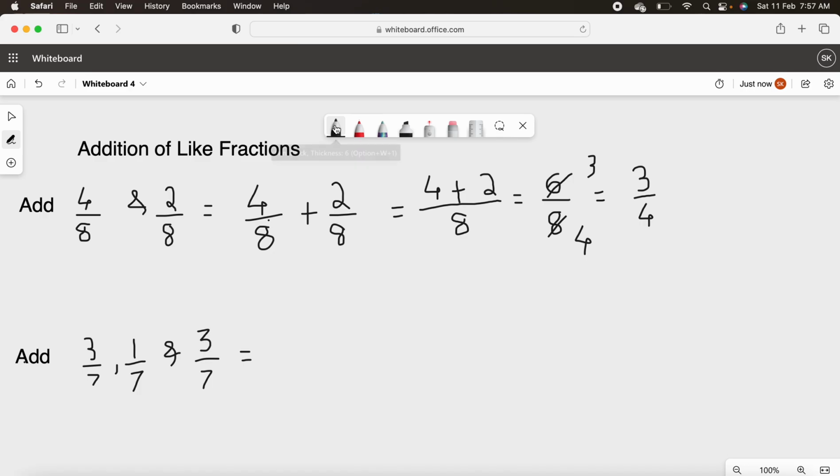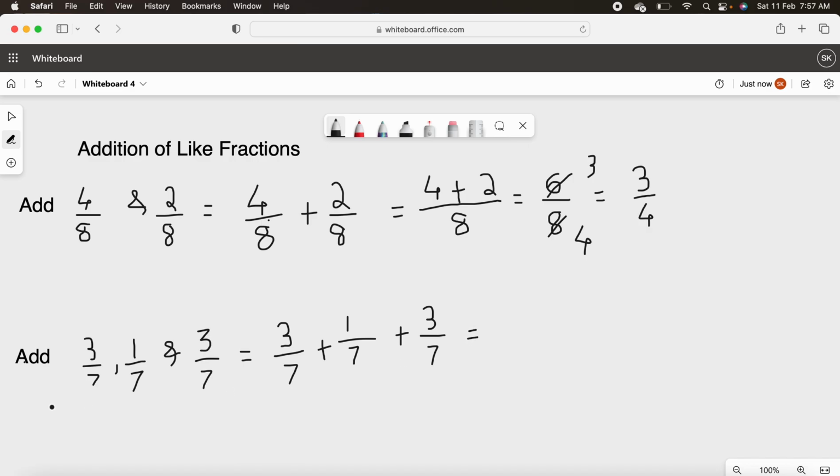So the first step, what we need to do is put a plus sign. 3 by 7 plus 1 by 7 plus 3 by 7. All right.